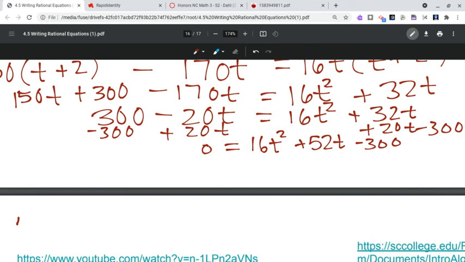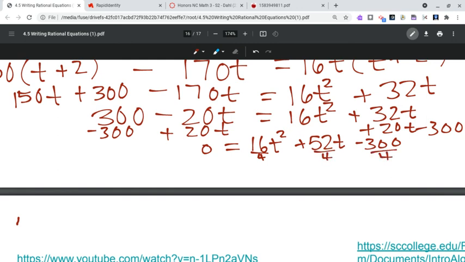We need to make these numbers nicer. Can we divide? Well, we know we can divide by 2. Can we divide by anything bigger? Let's try. Let's divide by 4, just to make it easier to factor.